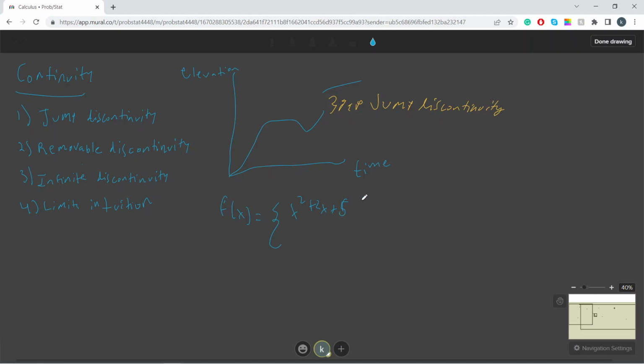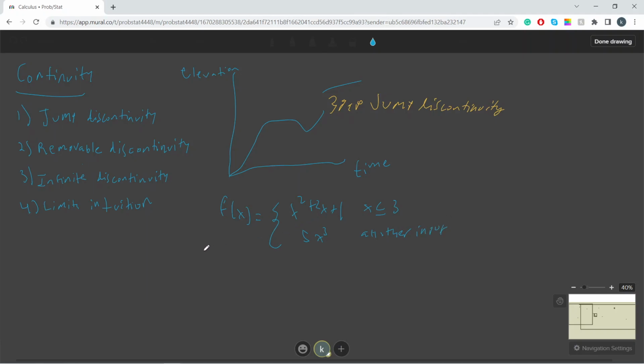Actually, let's change the numbers to make it a little easier. This will still motivate the topic. So let's say we had x squared plus 2x plus 1, and this function was evaluated when x was less than or equal to 3. And let's say we had another function, 5x cubed, and this is for all other input.